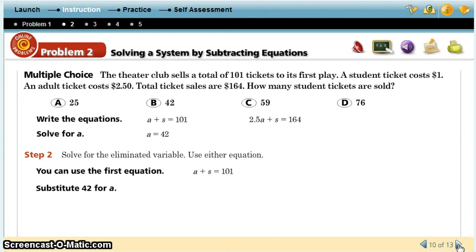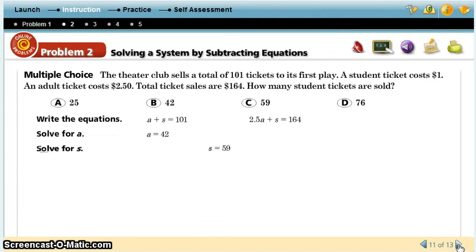Substitute 42 for a. Solve for s. So s equals 59. There were 59 student tickets sold.